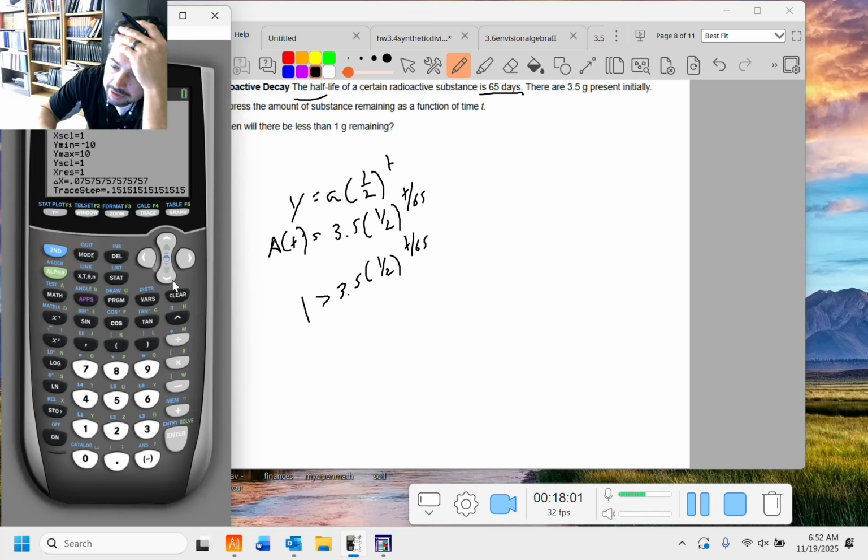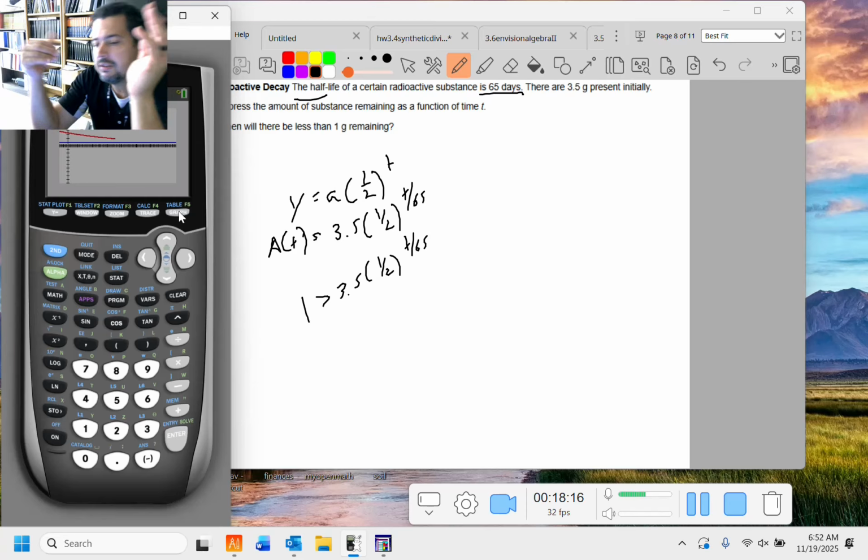So let's look out. 2 half-lives would be 130 days, because 65 times 2 is 130, kids. And I should see a crossing happen. And what I want to do is find that crossing, and I want to think about everything to the right of that. When does this thing happen?